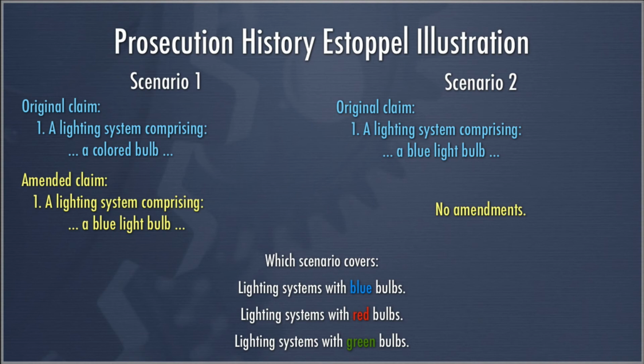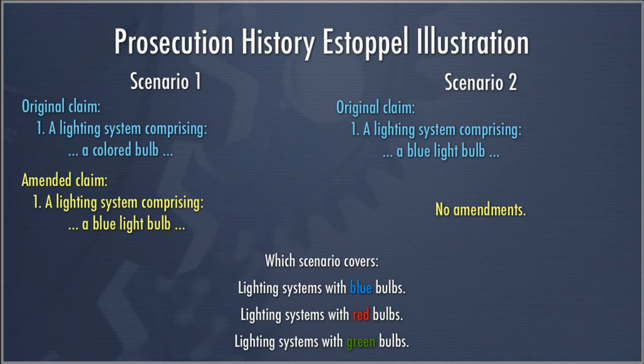And here, scenario 1 and scenario 2 end up in very different places, because in scenario 1, the argument is that there is prosecution history estoppel that attaches to that amendment. And because scenario 1 gave up colors other than blue, perhaps there's no Doctrine of Equivalents available to cover green.